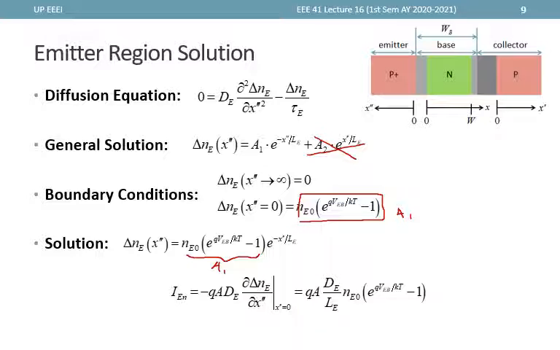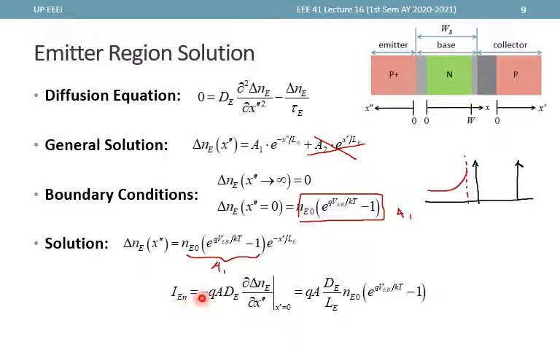So now we were able to show that the excess minority electrons should follow this shape when forward biased. This is a forward bias drawing, and we use this to get the current component for electrons at the emitter side.